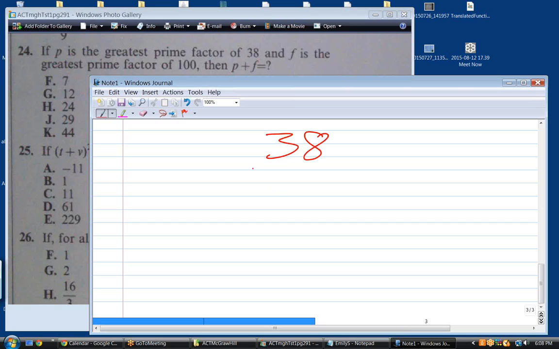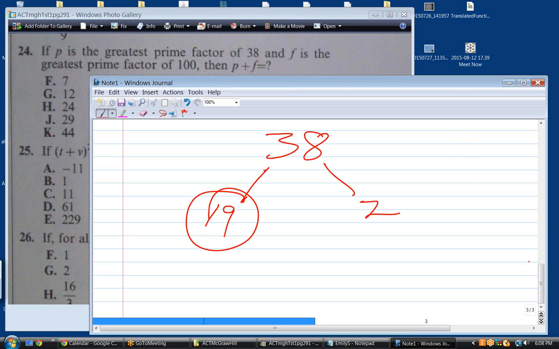It's usually referred to as a tree. In other words, the first thing I'm going to do is cut it in half. Right? Yeah, and there you go. I can't cut this down any further. That's prime. So there's the largest prime factor of 38.